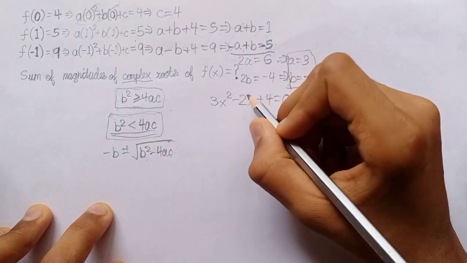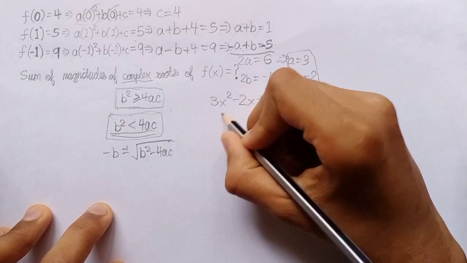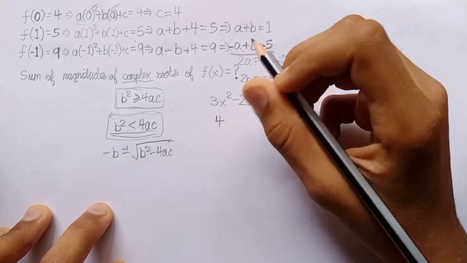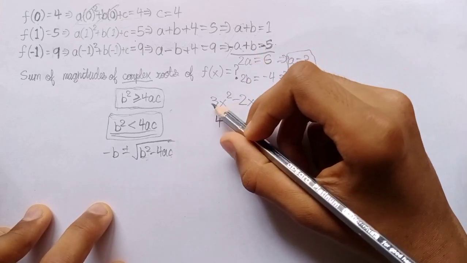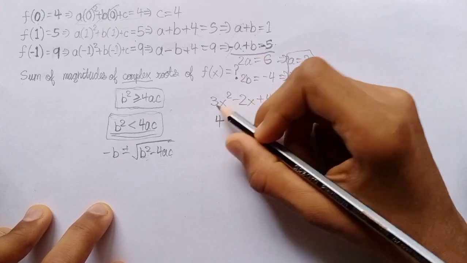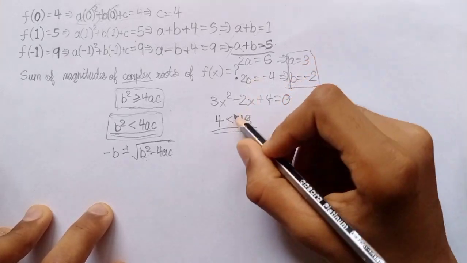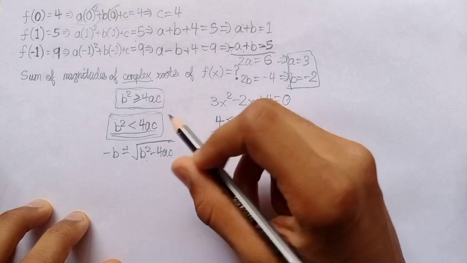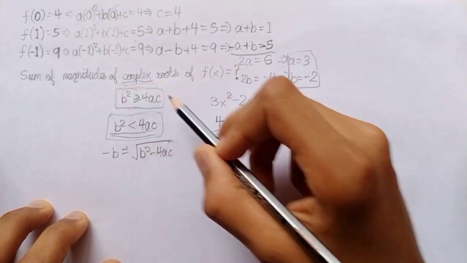So substituting these values here, we can see that b squared, which is 2 squared, which is 4, is actually lesser than 4 times 3 times 4, which is going to be 16 times 3, which is 48. This is true. So that means both roots are complex. So now we know that both roots are complex.